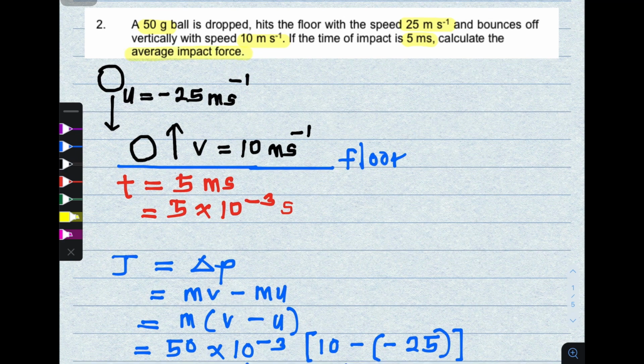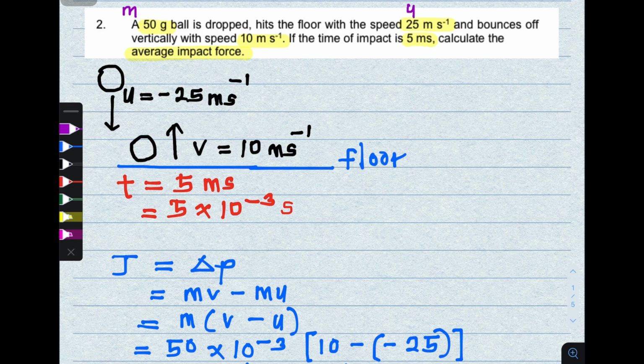From the question, given that mass of the ball M is 50 gram and we have the initial speed for the ball is 25 meter per second.